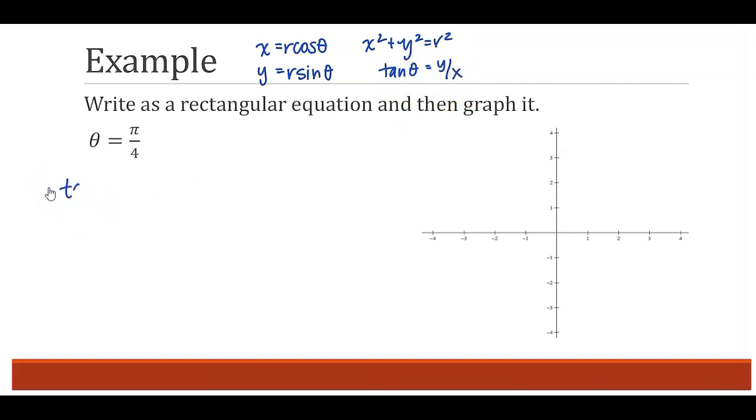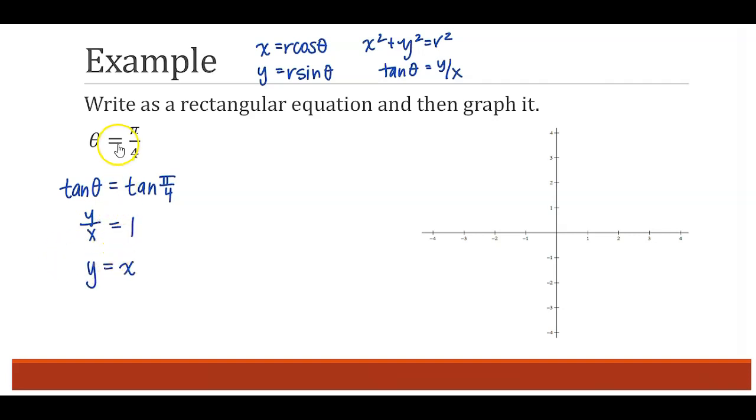So if I take tangent of both sides, I have tangent of pi over 4, which is 1, and tangent theta is y over x. If I want to solve for y, I'm just going to multiply by x.